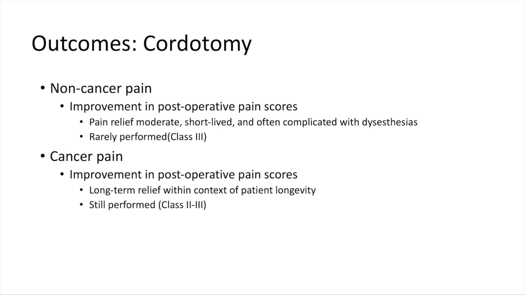2 prospective trials on cordotomy were identified. One of them used standardized outcome measures, the VAS, a Karnofsky performance score, activities of daily living, and total sleeping hours. There was a statistically significant improvement in all outcome measures over baseline pain levels.